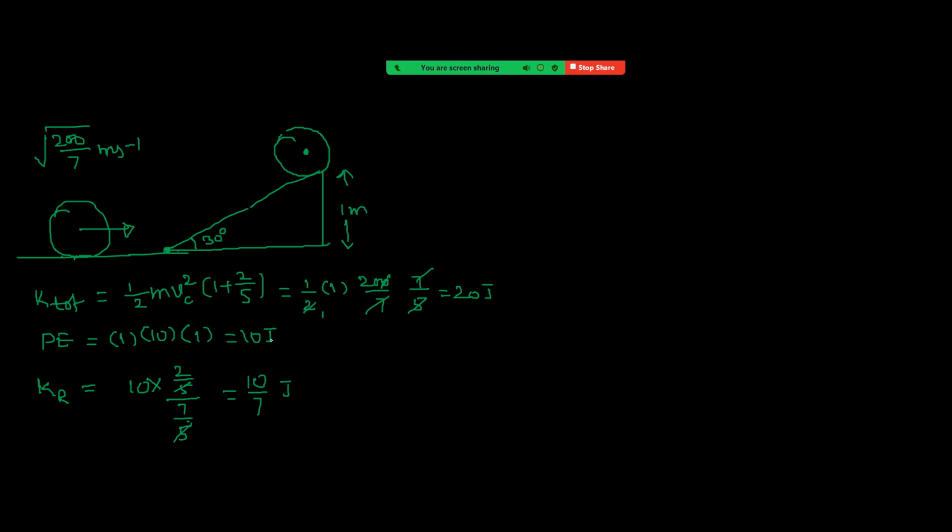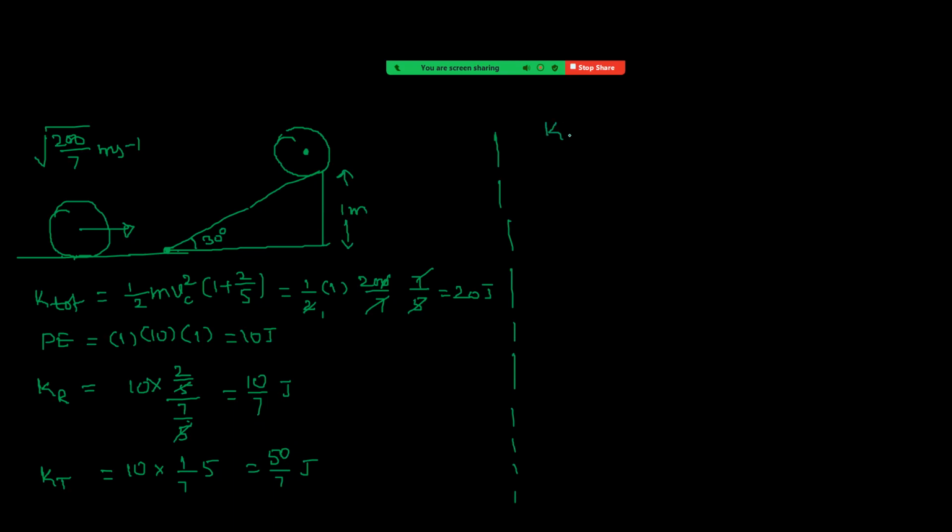And see what about translational kinetic energy? Translational kinetic energy will be 10 into 5 by 7, that is 50 by 7. Okay. Now, when this is reaching the ground, it gains gravitational potential energy, that is 10 joule. And that is added to translational kinetic energy, because there is no change in the rotational kinetic energy, it adds only to translation.